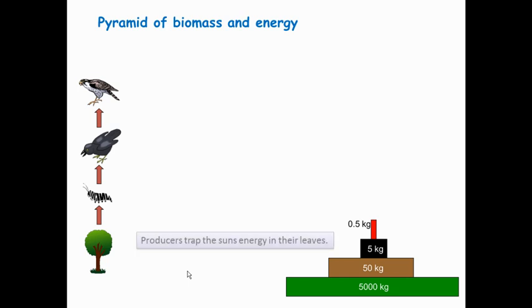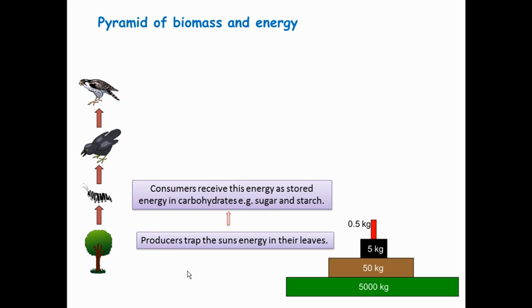So pyramids of biomass and energy. So producers trap the sun's energy in their leaves, okay? So producers can have quite a lot of energy. They're trapping it and they're storing it. Okay, so consumers receive this energy as stored energy in carbohydrates, for example, sugar and starch. But think about why we eat. We eat because we personally need that energy, okay?